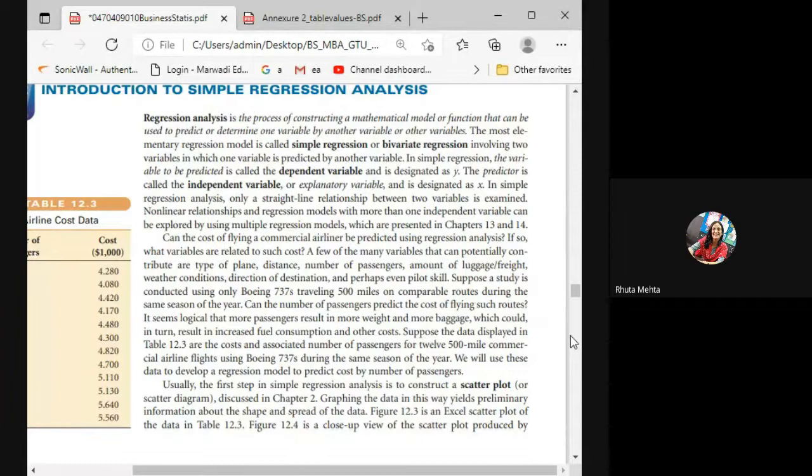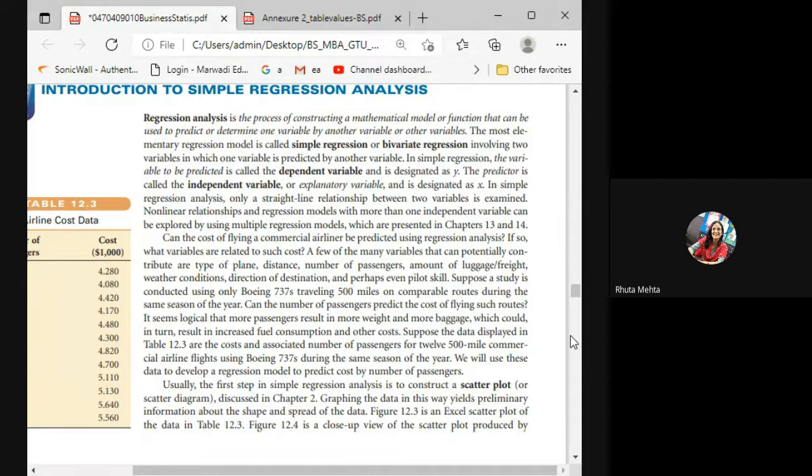So in the last session, we discussed what a regression is. It is the process where we understand how a dependent variable is affected by an independent variable. As we are talking about only two variables, one independent and one dependent, that is x and y, we call it simple regression, or bivariate regression.